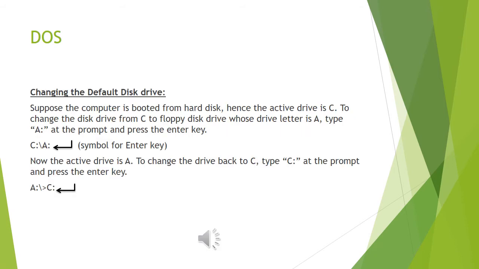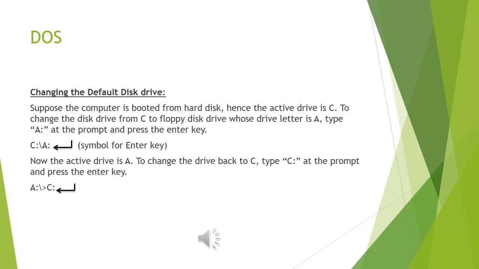Okay, so what's the procedure of changing the default disk drive? Suppose the computer is booted from hard disk, hence the active drive is C. To change the disk drive from C to the floppy disk drive, whose drive letter is A, you have to type capital A and a colon at the prompt and then press the enter key.